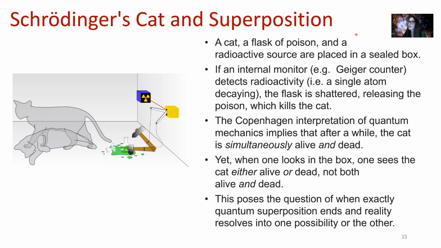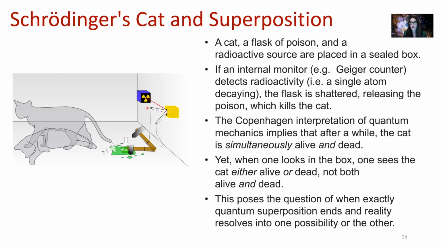You have a sealed box in which you place a cat, a flask of poison, and a radioactive source. One type of device that can measure radioactive sources is called a Geiger counter. So let's say that we place a Geiger counter inside this box.